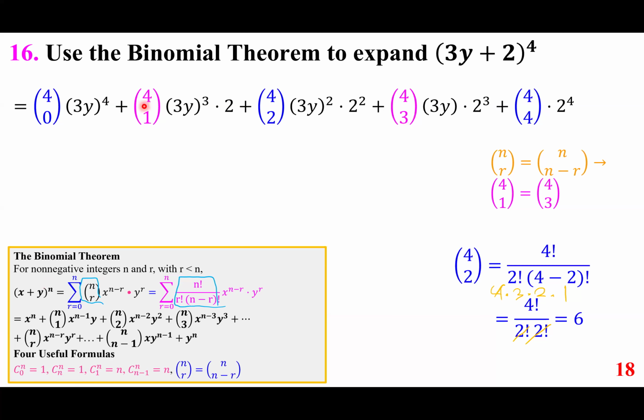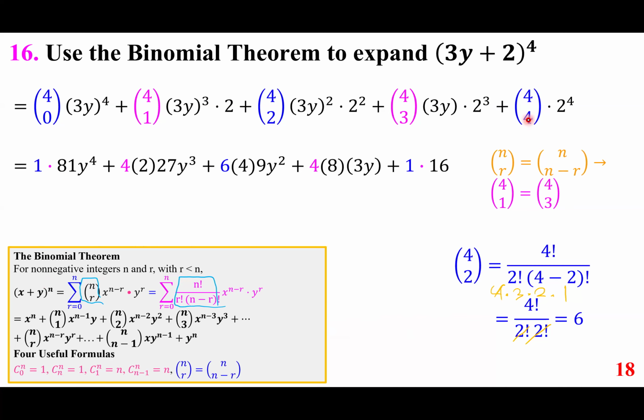This one, again by the theorem, is the same as this one. I don't have to calculate it. It's 4. You can try it, by the way, and this is 1. And we're going to simplify.